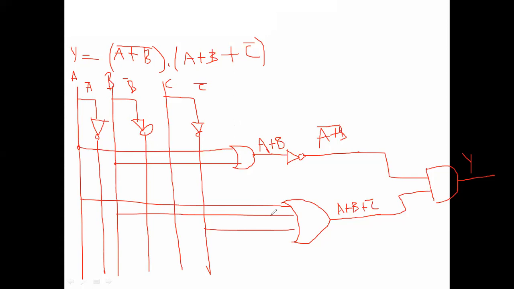So all of you try to take other expressions and draw the circuits. Today, all of you listen to this video and try to do it for other expressions, taking any number of variables like this, and draw the logical circuit.